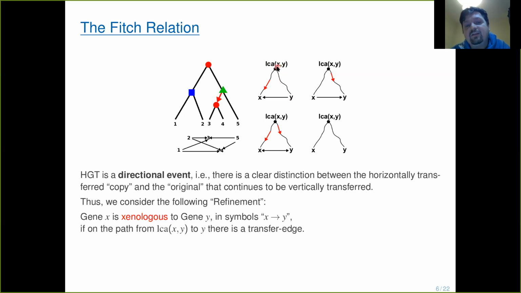If on the path from the last common ancestor to X there is a transfer edge, but not on the path to Y, we would have Y points to X. If we have a transfer edge on the path to Y, but not on the path to X, then X points to Y. We may have transfer edges on both sides of the path, then we have these bidirectional edges, or we simply have no transfer edge at all, and then we don't have any edges between X and Y. And you can see here the relation that is defined on this tree.